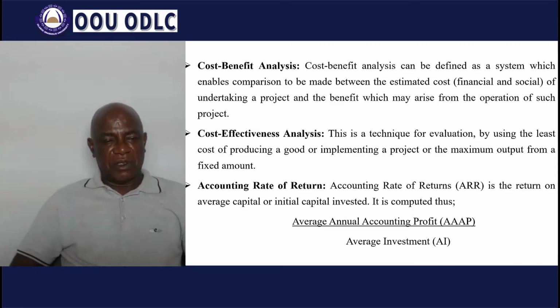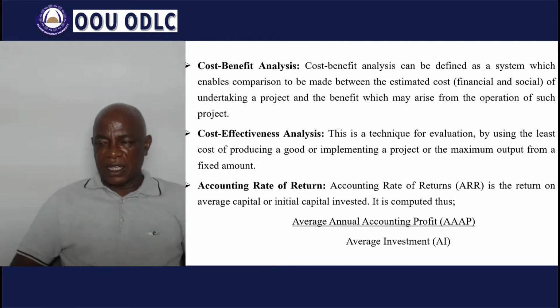We start with what we call the accounting rate of return. The accounting rate of return is measured in terms of a ratio. That is, we want to find the returns on an average capital or initial capital that is invested on a project. Well, there is a formula we use for calculating the accounting rate of return.